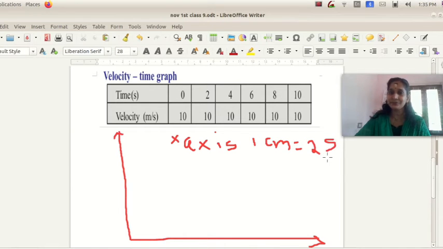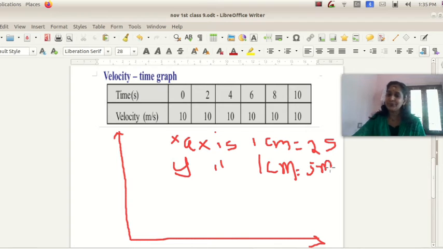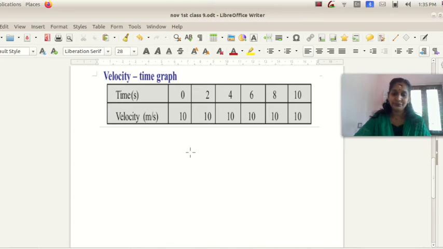On the y-axis, we should take 1 centimeter as how much? 5 meter. In the test, 1 centimeter is taken as 5 meter, so we are also taking 1 centimeter as 5 meter. By using these values, we are going to draw the graph.